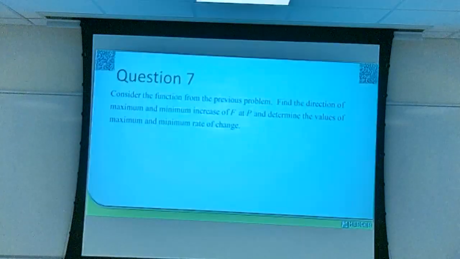Alright, so a function of the previous problem, we want to find the direction of both maximum and minimum increase, as well as the values of the maximum and minimum rate of change.